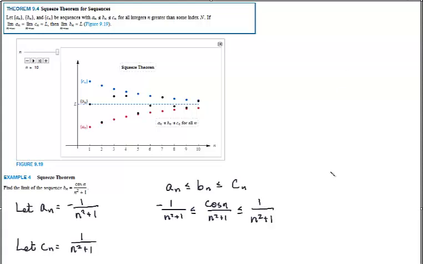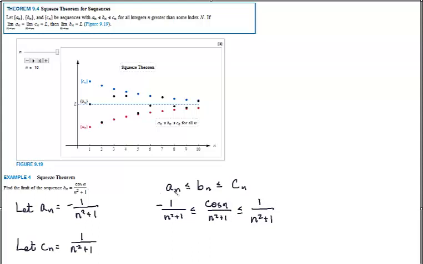In this case it wasn't too difficult because I just used one that was of the form of b. Notice that a sub n is always below or equal to b sub n because cosine n is bouncing back and forth between 1 and -1.